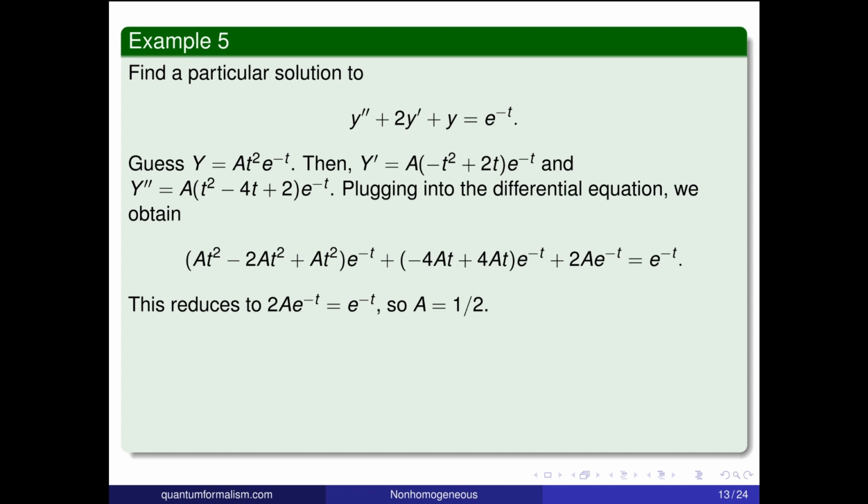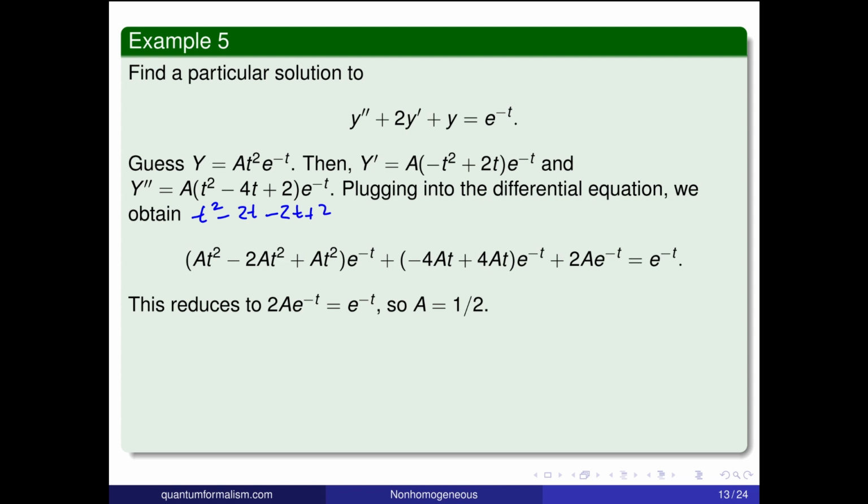All right, now taking the derivative of e to the minus t, leaving the stuff in parentheses alone, we'll have t squared minus 2t, picking up a minus sign. And then taking the derivative of the things in parentheses and leaving the e to the minus t alone, we'll get minus 2t plus 2 e to the minus t.